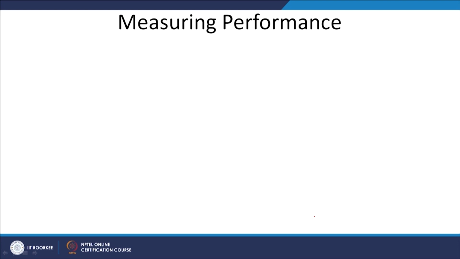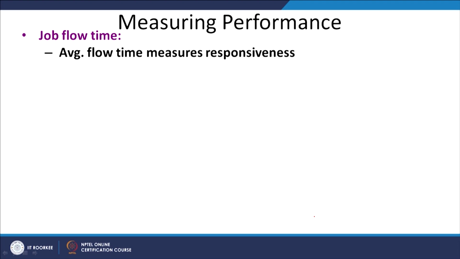There are other parameters which indicate the performance of these various rules, like the job flow time. The average job flow time indicates the responsiveness of the system.